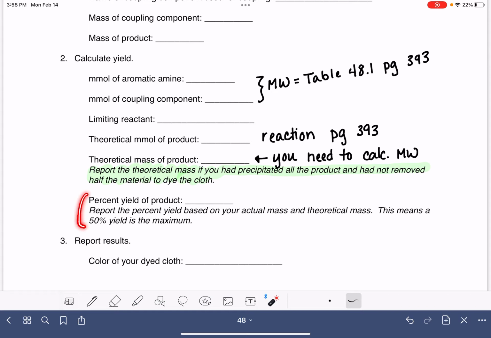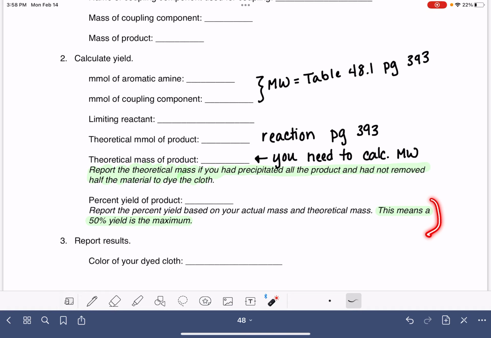And then from that, I want you to report the percent yield of your product from your mass and your theoretical mass. And because you took half of your product out, that means that a 50% yield is going to be the maximum that you could get here. You might end up getting something a little bigger, like maybe 55, because when you divided your material in half, you just eyeballed it.